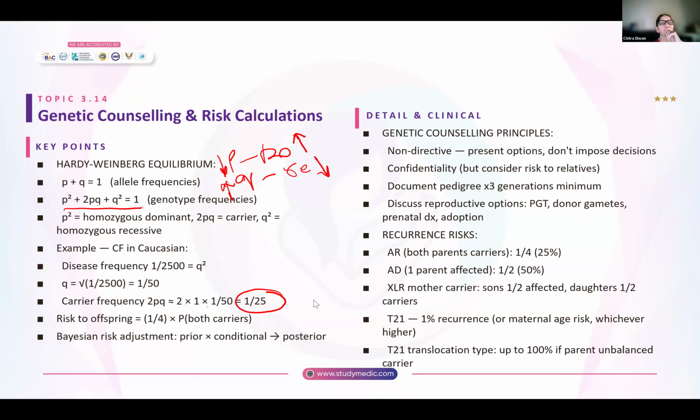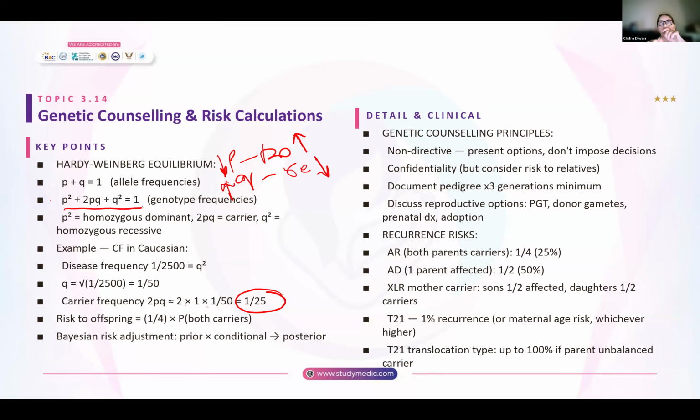Now, what is the risk to the offspring? It will be 1 in 4, because hypothetically, from each parent you can get 4 offspring. So 1 in 4 into P. Why P? Because P is the dominant allele, Q is the recessive.